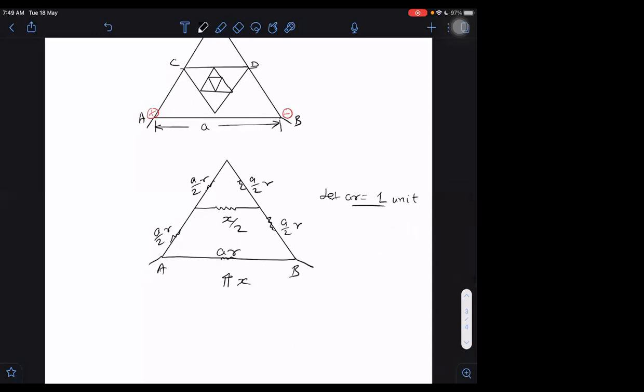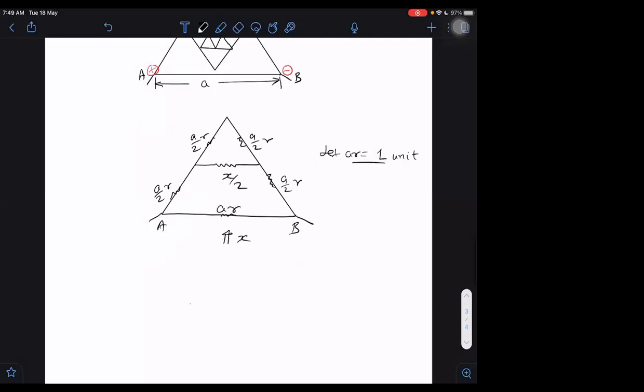We will be getting X by 2 in parallel with 1 by 2 plus 1 by 2, that is 1. And here 1 by 2, 1 by 2, and then this one is 1.